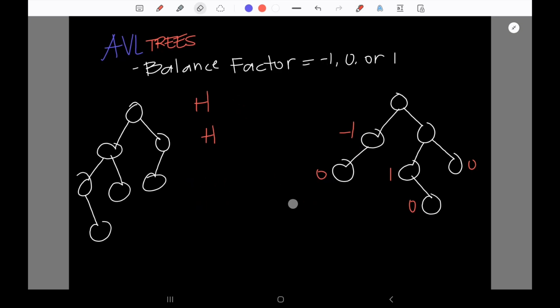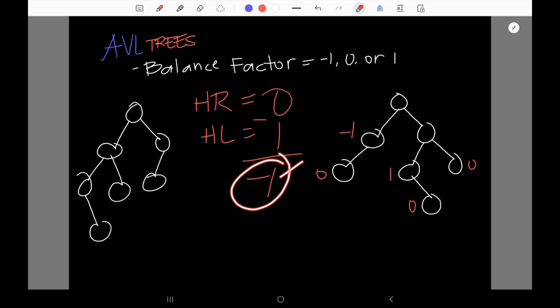HR minus HL, kailangan consistent para dili maglibog. Okay, guys. So the right, we have 0 and not a 1 here. So we're gonna put 1. 0 minus 1, -1. So that is why -1.